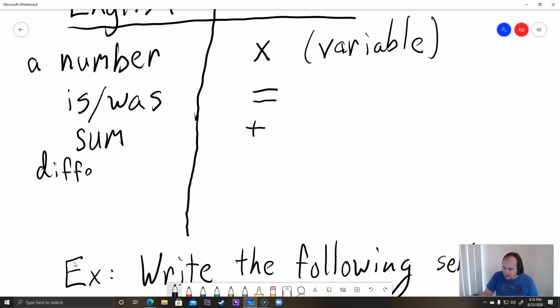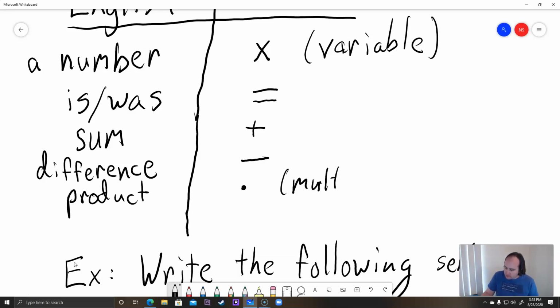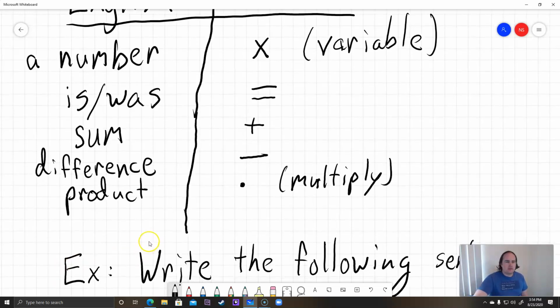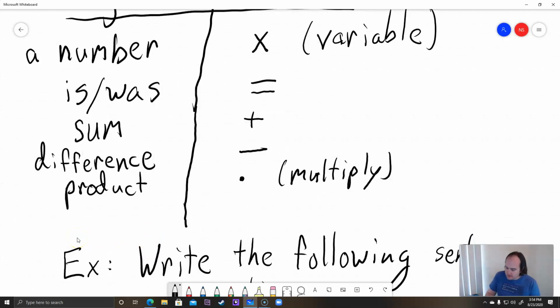Difference, I don't know if you guys have heard difference before, but difference actually translates as minus. So sum is plus, difference is minus. And then the word product actually means multiply, so times. And the last word that you might not know about is called quotient.